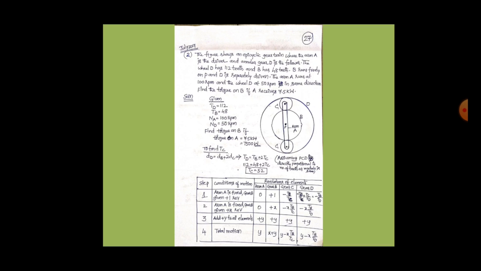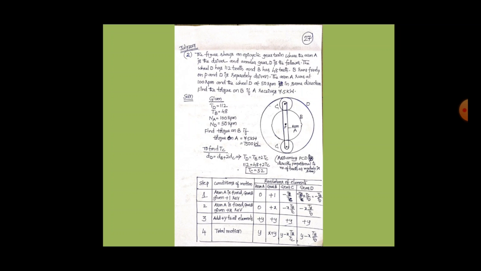So by default, if it is not mentioned, we have to assume that the moduli of all the gears are the same. Then the pitch circle diameters are directly proportional to the number of T's. Therefore, DD is nothing but TD, that is equal to TB plus 2TC. TD is given, substitute 112. TB is also given, substitute 48. Only unknown is TC. With that, I will get TC is equal to 32.